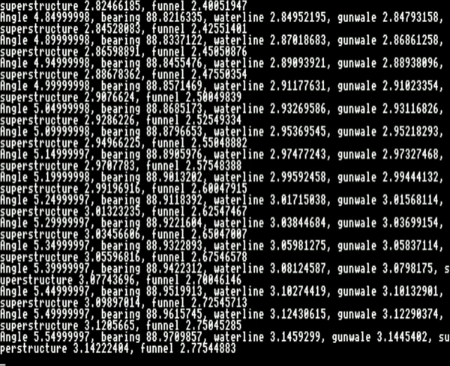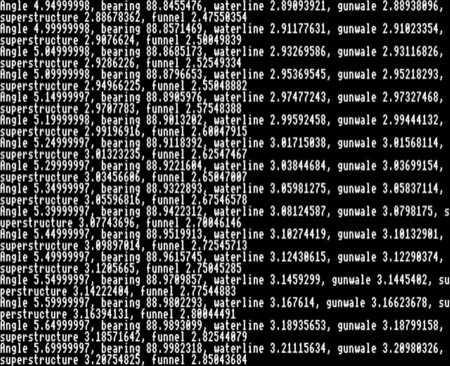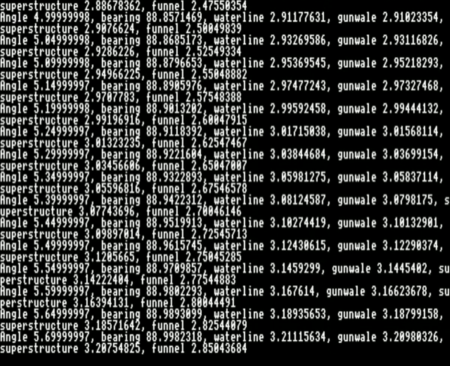And by now the bearing to it is hardly changing, because of course it was only 0.1 degrees east of us, and is now up to 5.7 degrees north, so it's pretty much due north of us, and pretty much going straight away. It's still slightly to the east. It's not exactly due north, but it is going almost straight away from us, so the bearing to it is hardly changing.